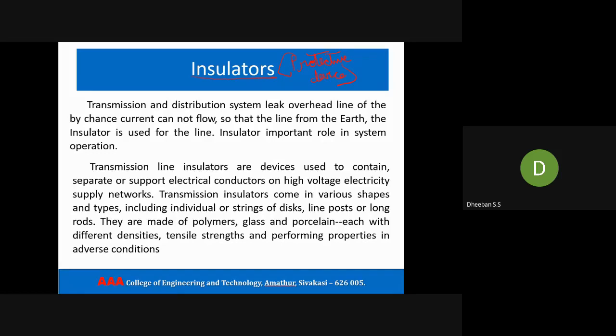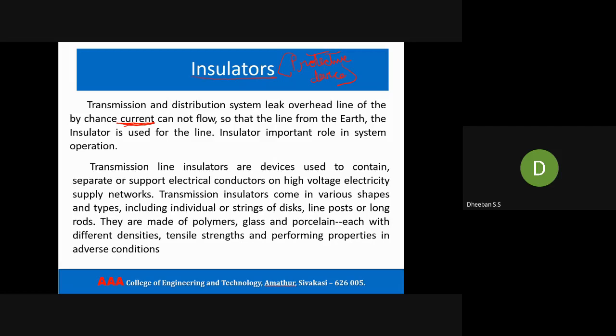What it protects against is that in the transmission line there might be a short circuit fault. Whenever there's a short circuit fault, there will be an increase in the current value. When the current increases, it might damage the transmission grid.